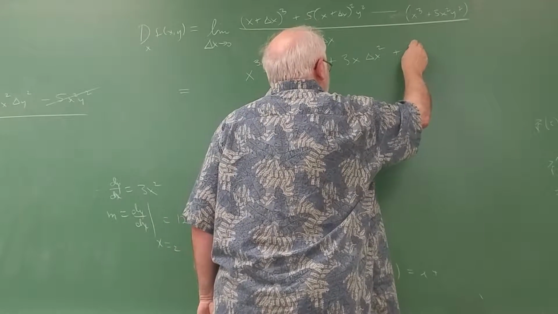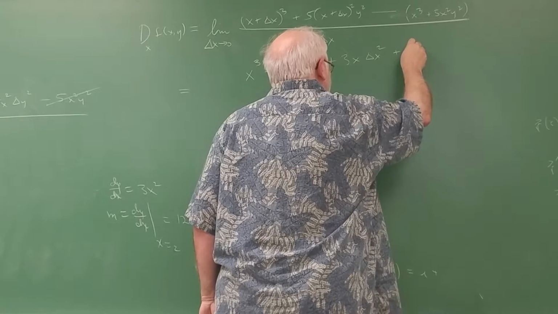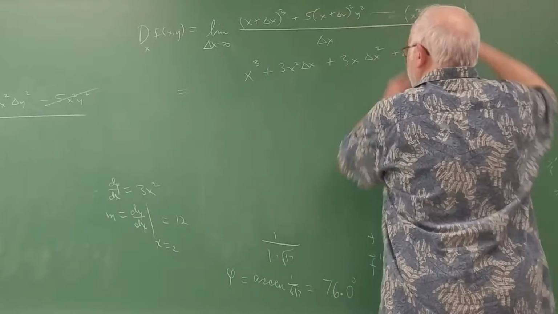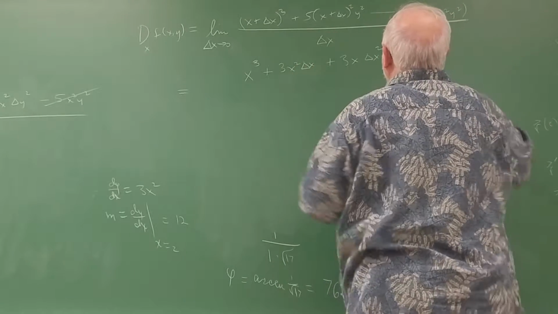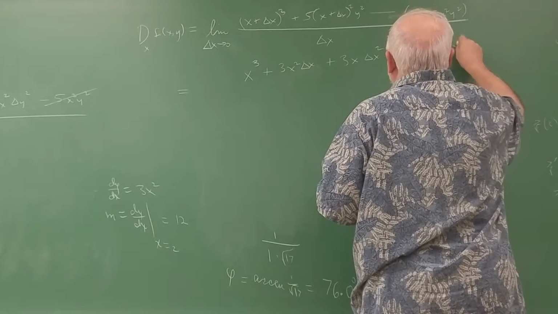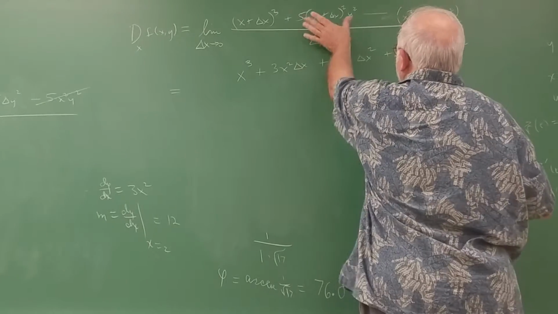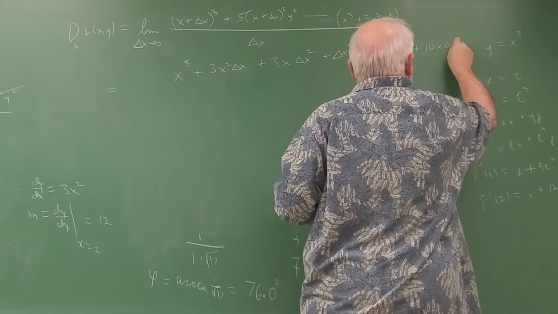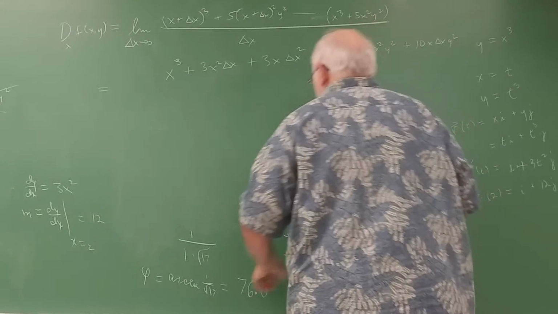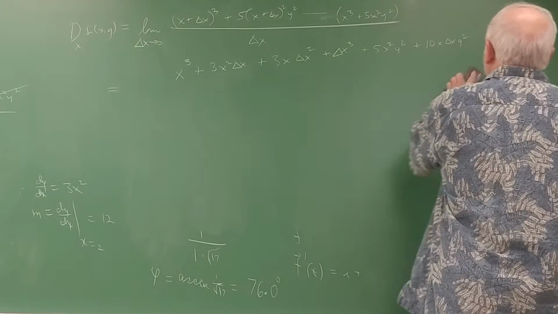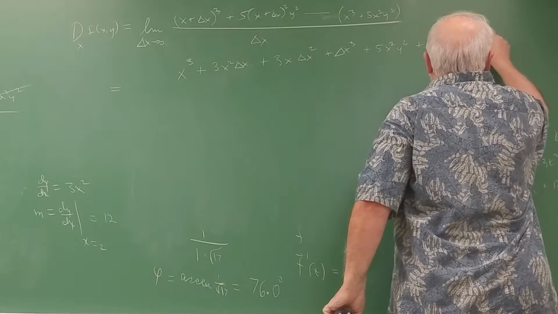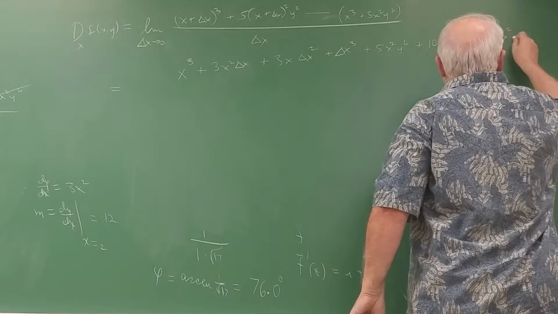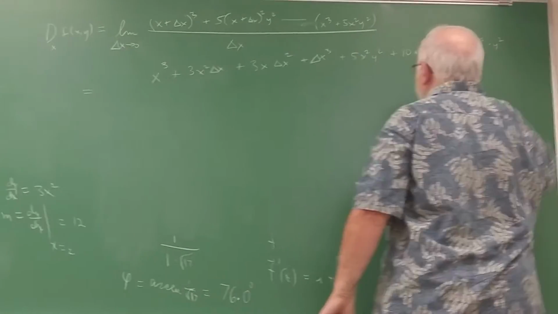And delta x cubed. And I'm seeming to write upwards. But anyway, 5x squared y squared, because I'm going to multiply that in, plus 10x delta x y squared plus 5 delta x squared times y squared.